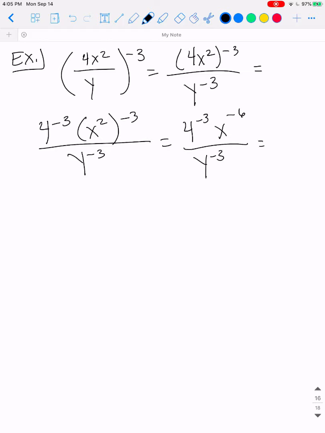And then I'm going to go ahead and move the y to the top so it could become positive. And then I'm going to move the 4 and the x down so their exponents can also be positive. And then I'm just going to do the 4 cubed. And that's it for that.